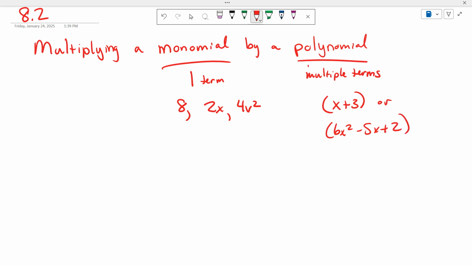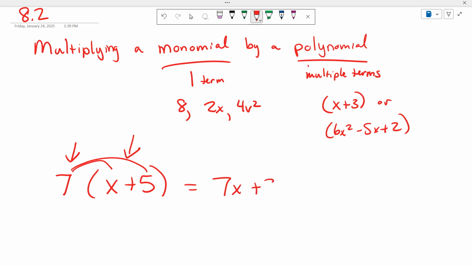So what we do when we take a monomial times a polynomial is we take each term times each other. So if we have 7 times x plus 5, this is a monomial times a polynomial. And we just do the distributive property. So we get 7x plus 35 here, okay?